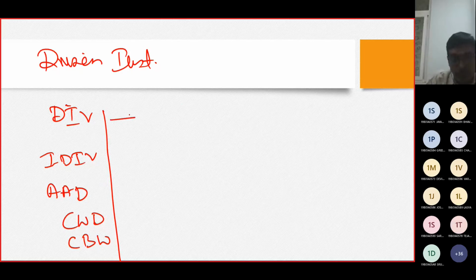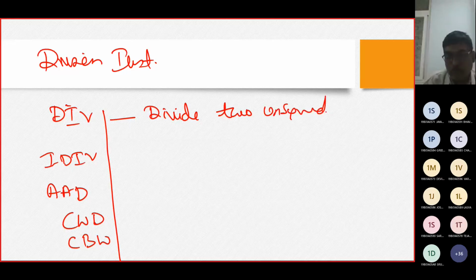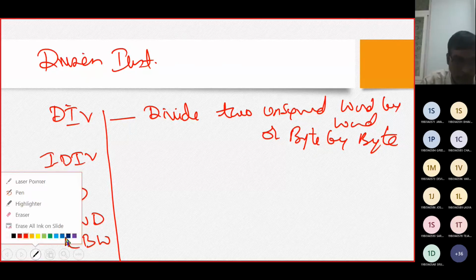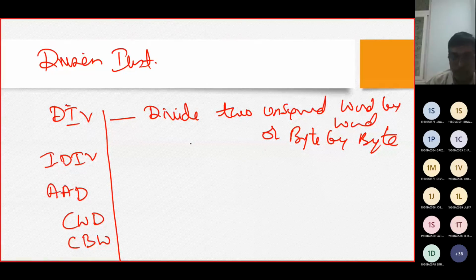When I explain this division, we call it divide two unsigned word by word or byte by byte. So divide two unsigned word by byte, or two unsigned byte by byte, we mention it.